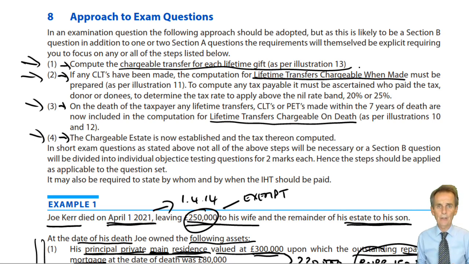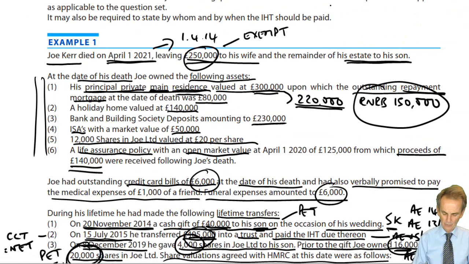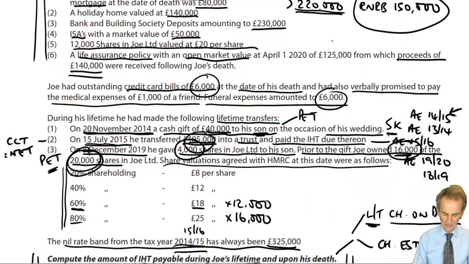We know what they are now. We've done that. Take away the exemptions. We know what they are. And get the chargeable transfer. So what I'd like you to do, therefore, is to set up that first computation of the chargeable transfers. You will list them out chronologically across the page from the earliest to the latest.